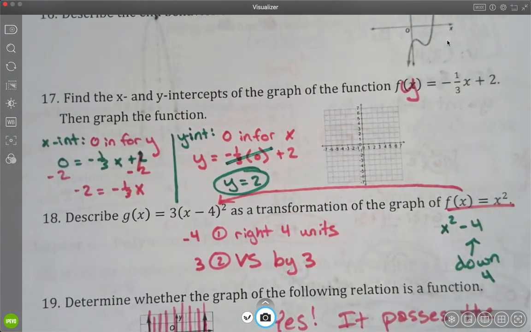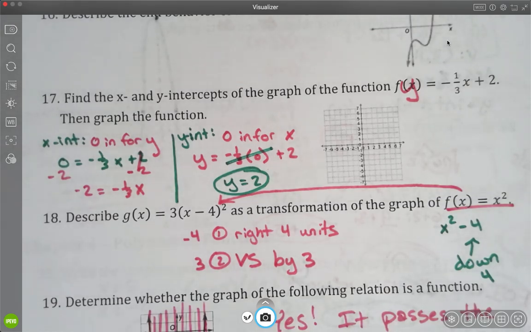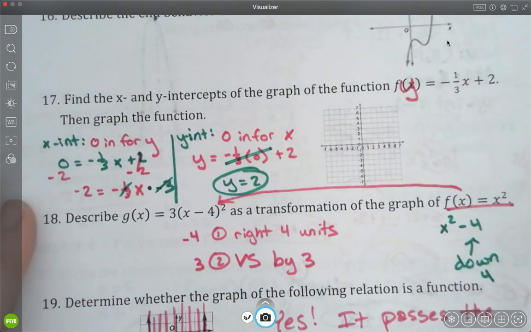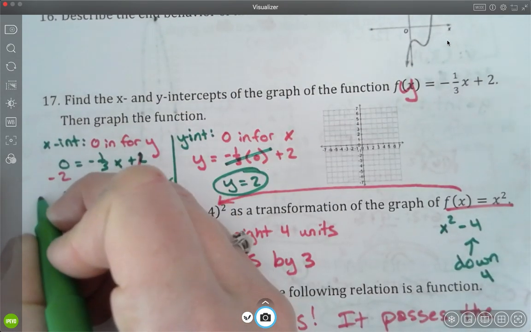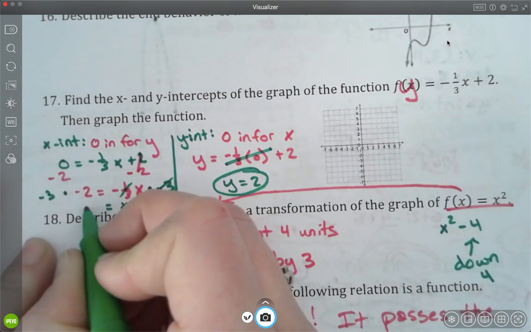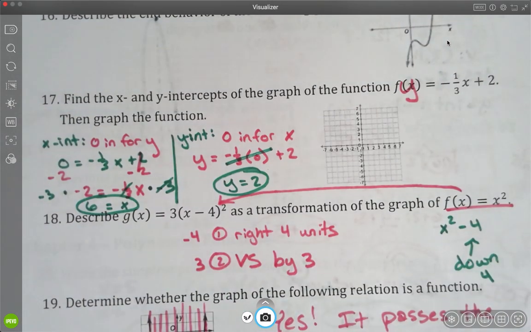Okay, now how do I get the x by itself? Times -3. So I need to divide by -1/3, which is like timesing by the reciprocal, timesing by -3. So times by -3. This guy will cancel with that guy, right? Times -3. Okay, so x will be equal to 6, like she just said, right?